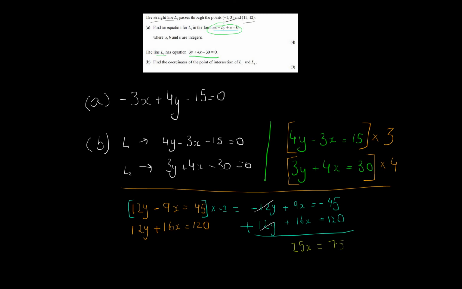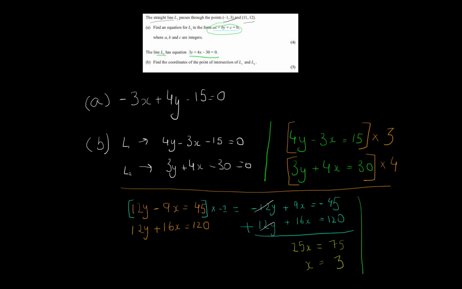And now if we just divide both of these sides by 25, we get x equals 75 divided by 25, which is 3. So now we have a value of x. And what we do now is substitute this value of x into any one of those two equations we came up with before, which are these ones down here.